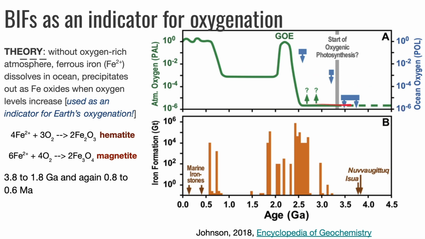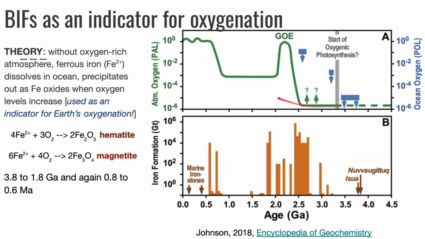So our atmospheres were anoxic in the Archean. Ocean oxygen level is given on the right-hand y-axis in blue. We have evidence from mineralogy of very, very low levels of oxygen in the oceans in 3.5-ish billion years, and we start to see a slow rise in the levels of oxygen.